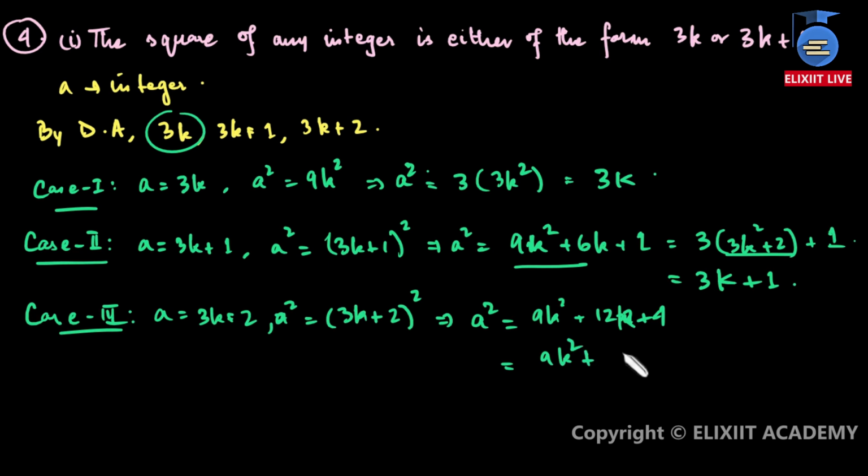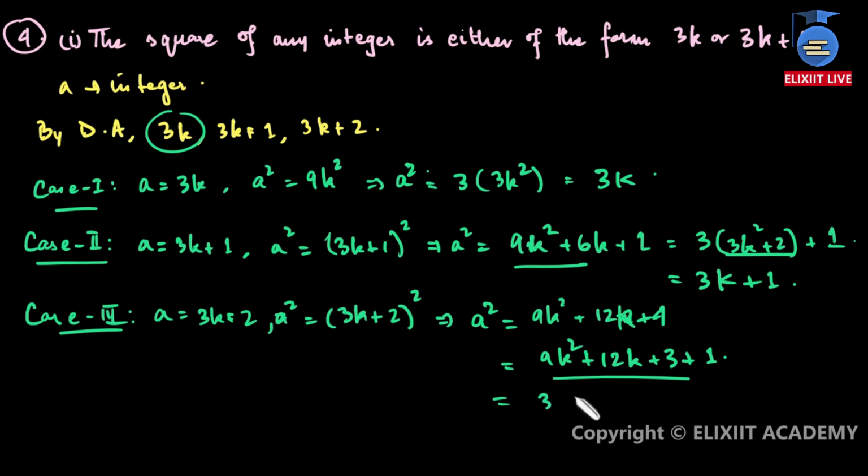We can write this 4 as 3 plus 1, because then 3 gets common.